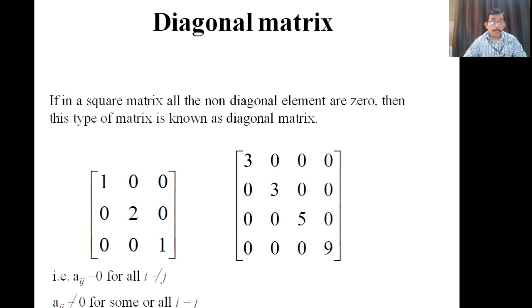In the next example, the main diagonal elements are 3, 3, 5, 9, and the non-diagonal elements are 0. This type of matrix is an example of a diagonal matrix.